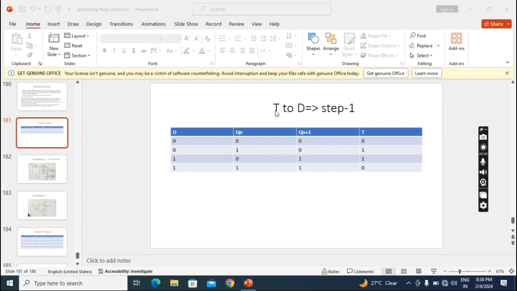So here the given flip-flop is T and the required is D. So I took the D flip-flop characteristic table and the T flip-flop excitation table and mixed them together. Okay. So this D, Qn, Qn plus 1 becomes the characteristic table of D. This Qn, Qn plus 1 and T become the excitation table of T. So here present state and next state are common to both. Okay. This is step 1.